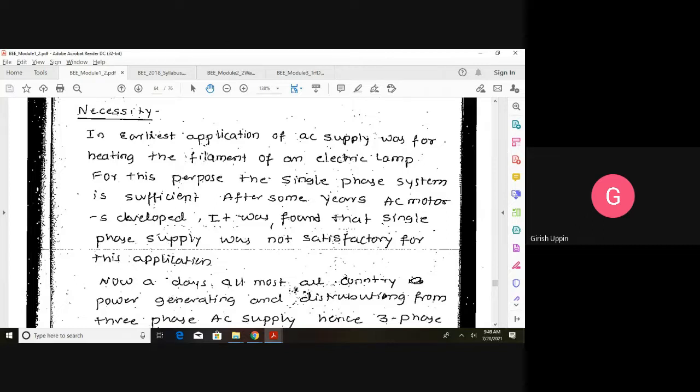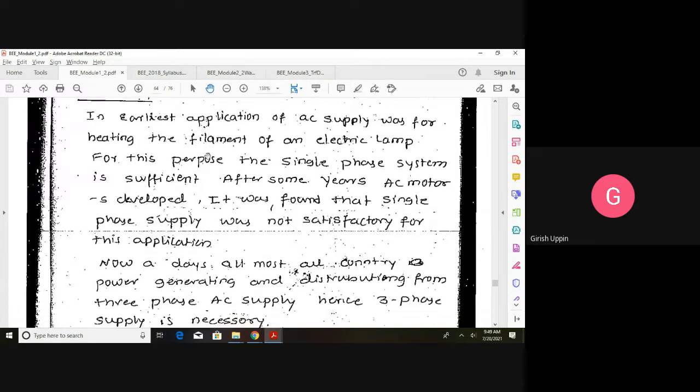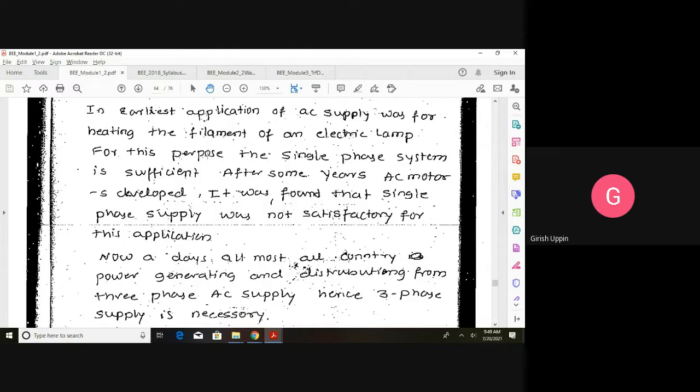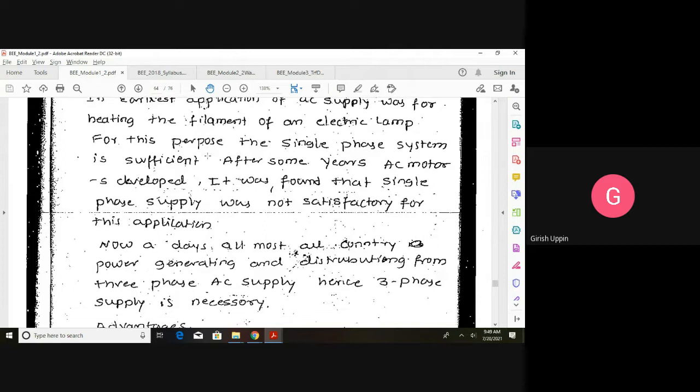But later, what happened with industrialization? A lot of new machinery and heavy equipment started coming in, and single phase was not that good for running those kinds of machines. Hence, they thought of having some kind of solution for that problem. So they came up with three-phase power.